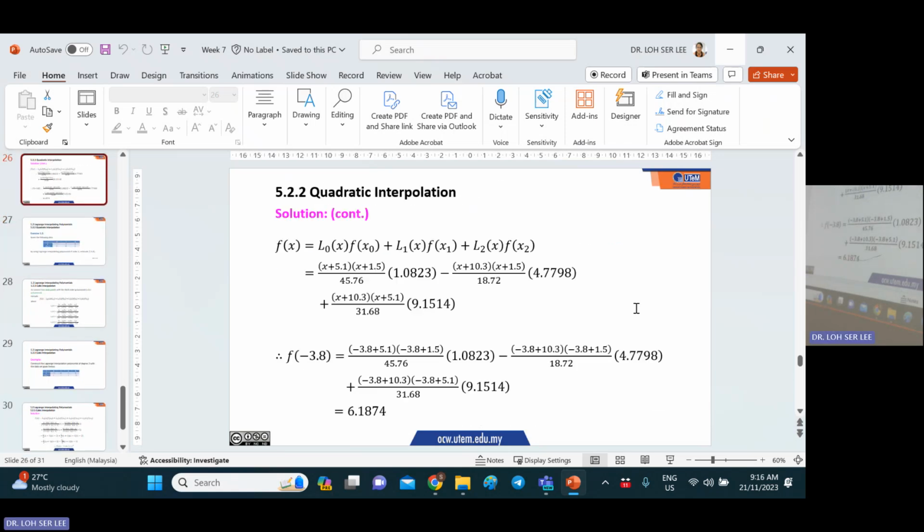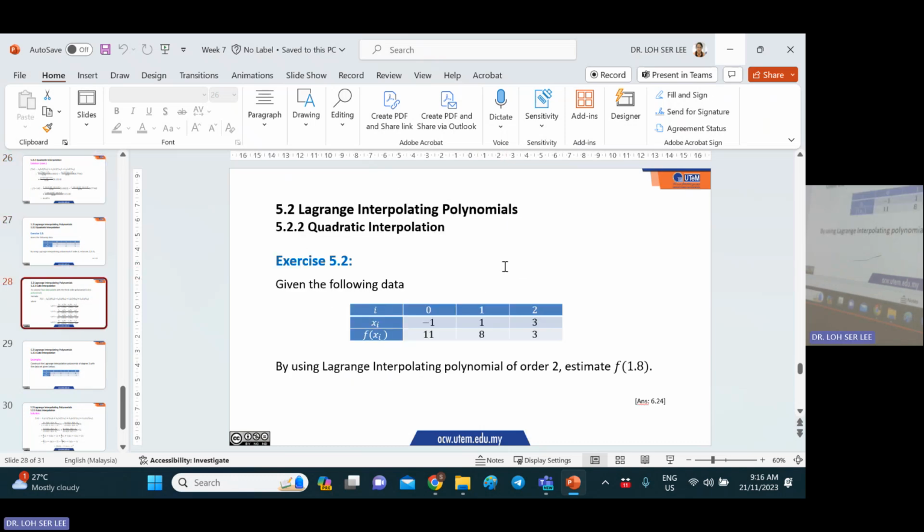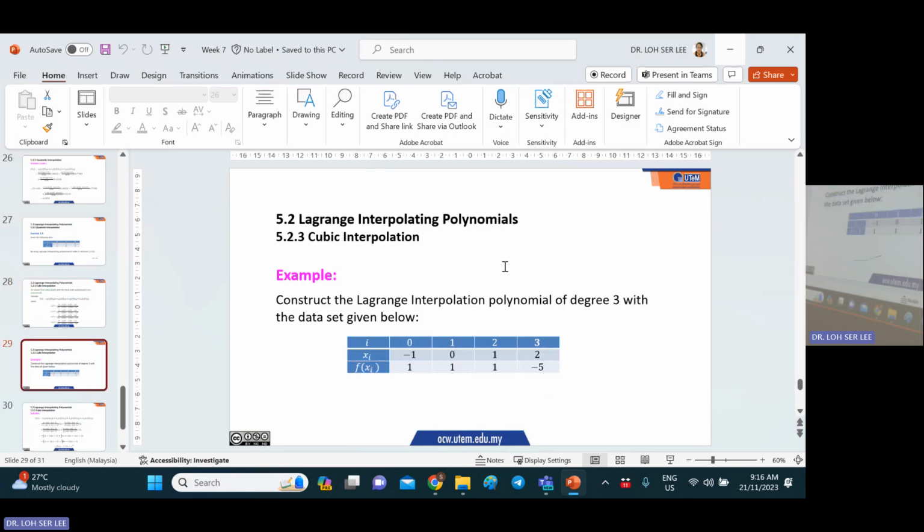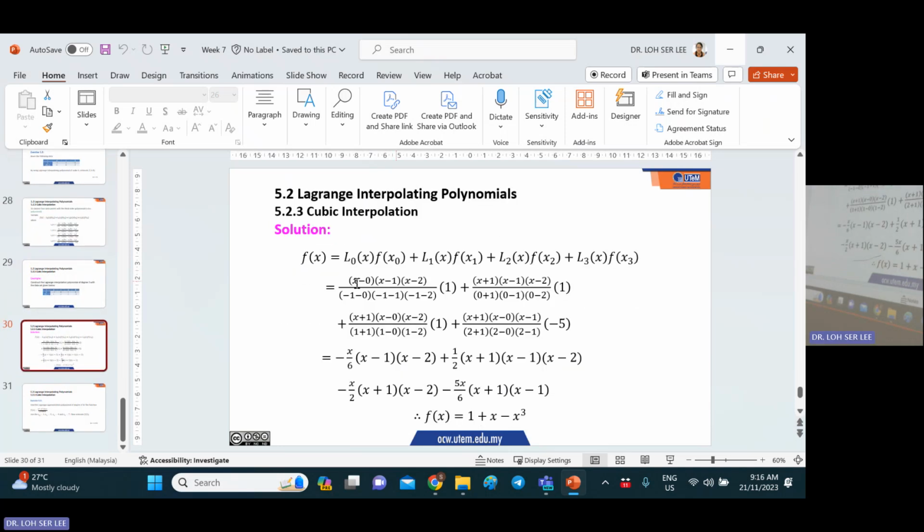If you look at this, we don't simplify. We just substitute x by negative 3.8 to get the estimation, because the question is asking for the estimation. We don't have to expand, just substitute the x value. But when you are asked to construct the polynomial function, you have to expand and simplify into something like this.